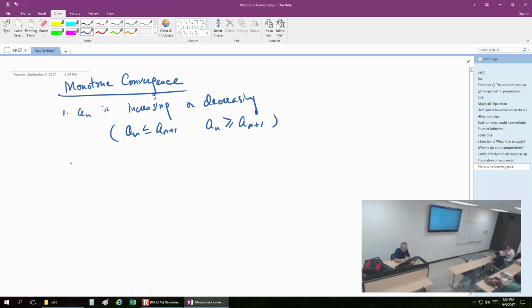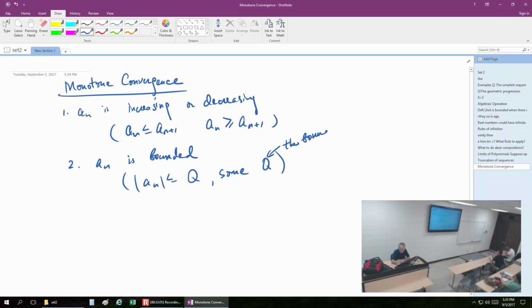Condition number 2: An is bounded. In other words, the absolute value of An is less than or equal to some number Q, which is the bound, from both below and above. We want to guarantee that it's not running away on one hand, and on the other hand it also behaves in a very regular way.